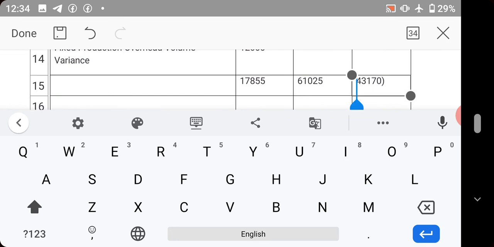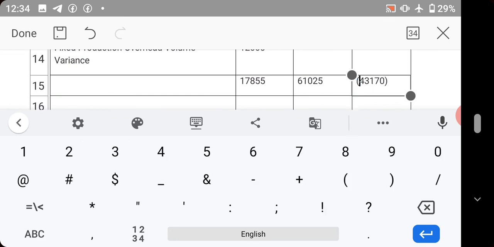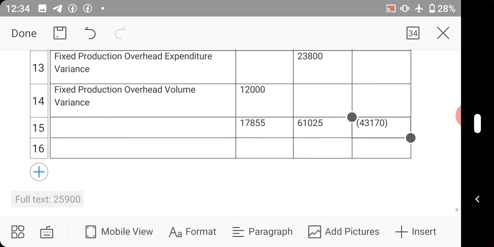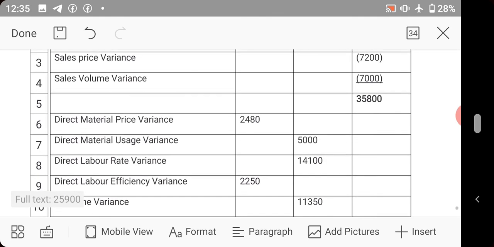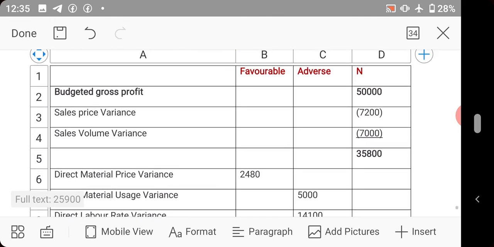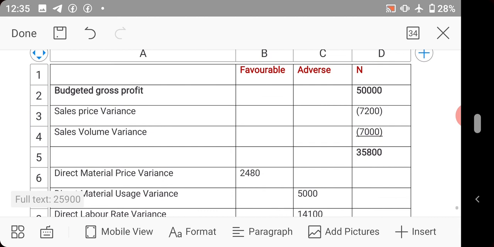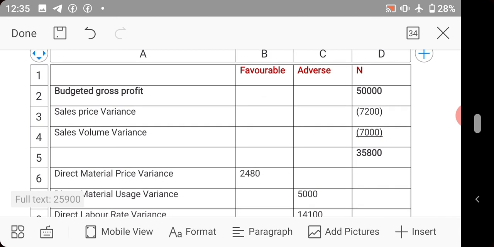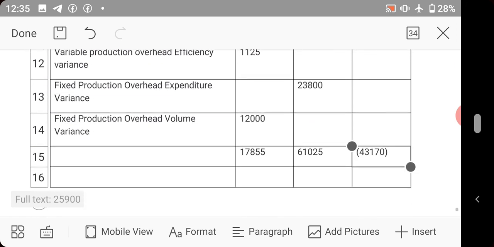So since it is in minus, you now say 50,000 minus answer. That will give us 6,830.